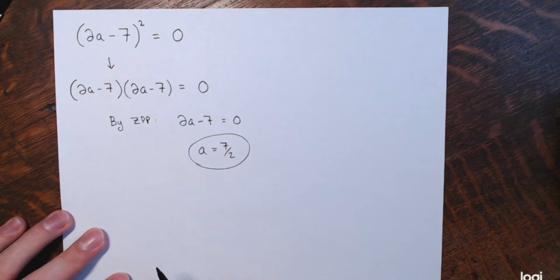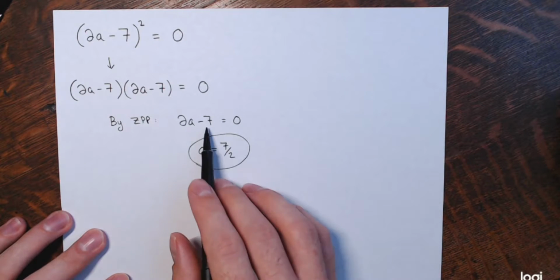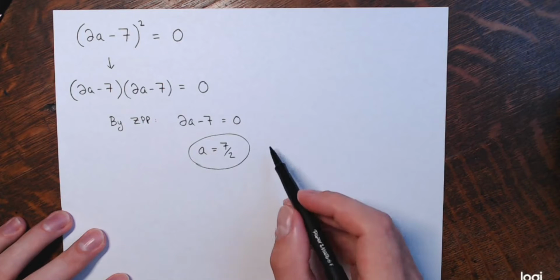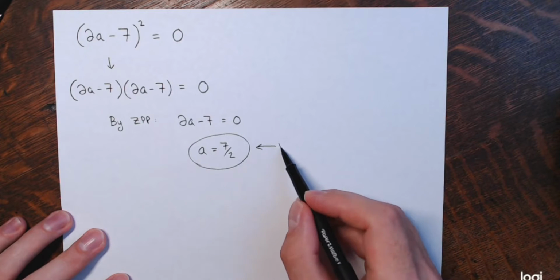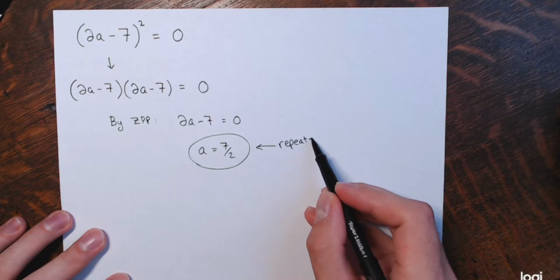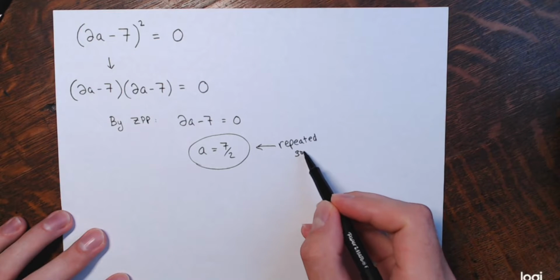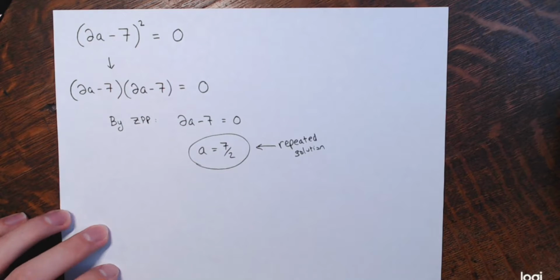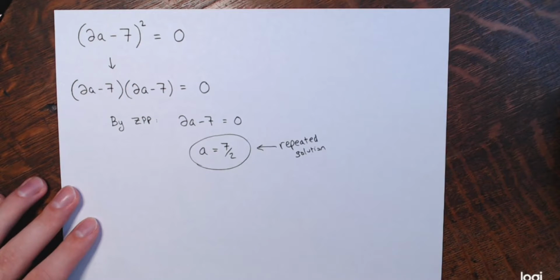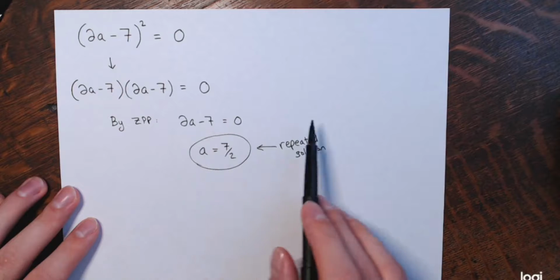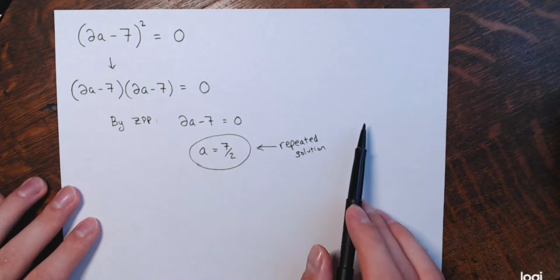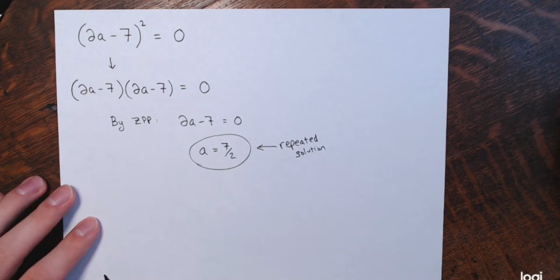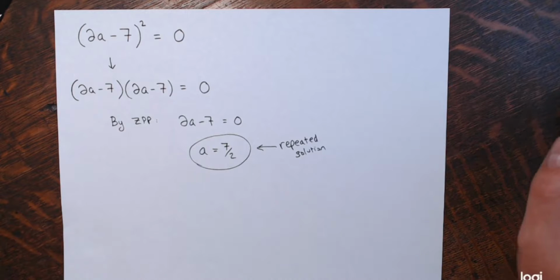Just the one solution. Because that would have repeated, sometimes this would be referred to as a repeated solution or a repeated root of this equation. And the number of times it is a solution would have been twice, and they would call that the multiplicity of the solution, but I'm not going to get into all those fancy words.